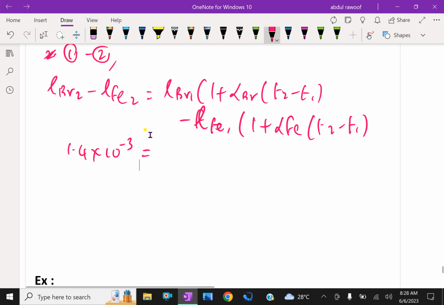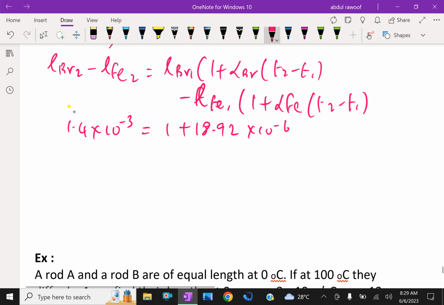That is LBr2 minus LFe2 equals 1 plus 18.92 into 10 power minus 6 times T2 minus 20 degrees. Initial temperature is 20, minus this.